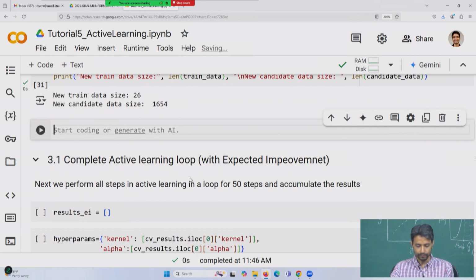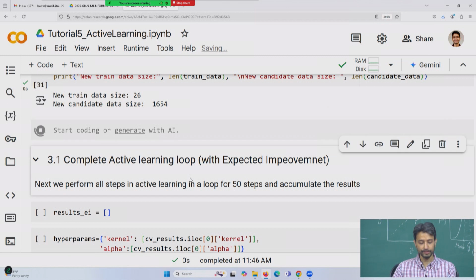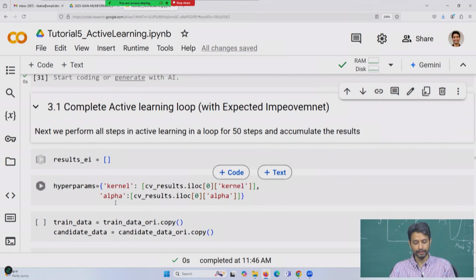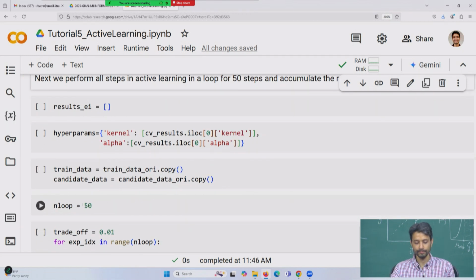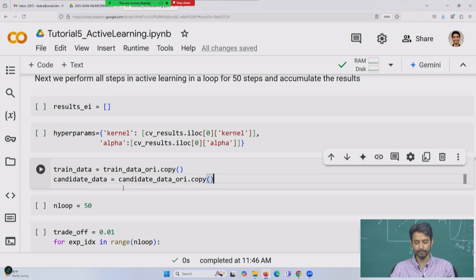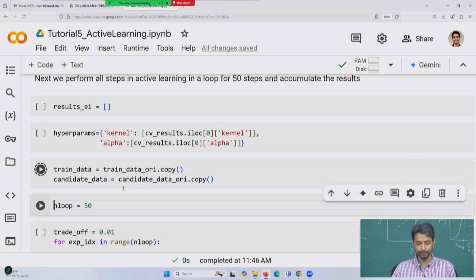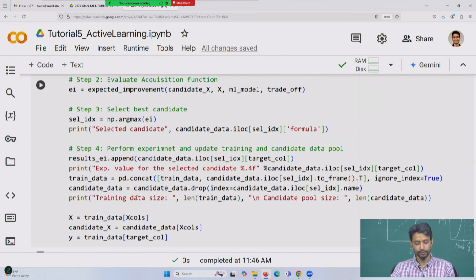Okay. Now what I am doing next is, this way I need to keep on doing this, right. So I have written a code which is essentially the same code, but I am repeating it 50 times. So the number of active learning iterations is 50. Now it will take some time.